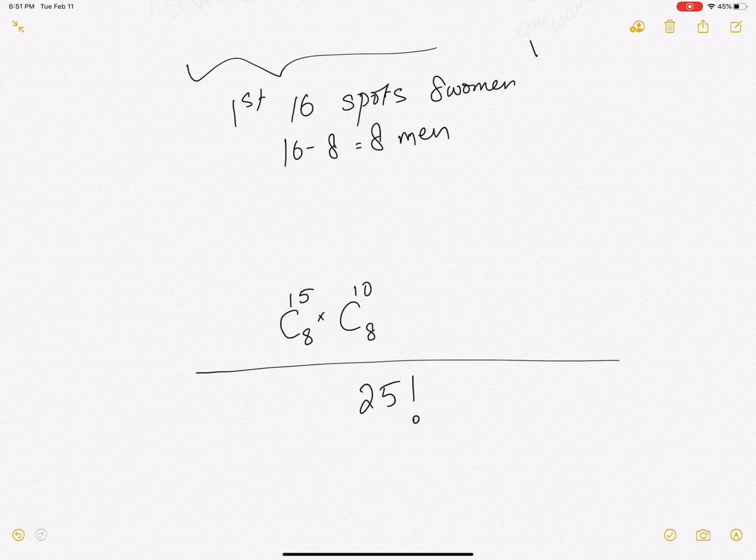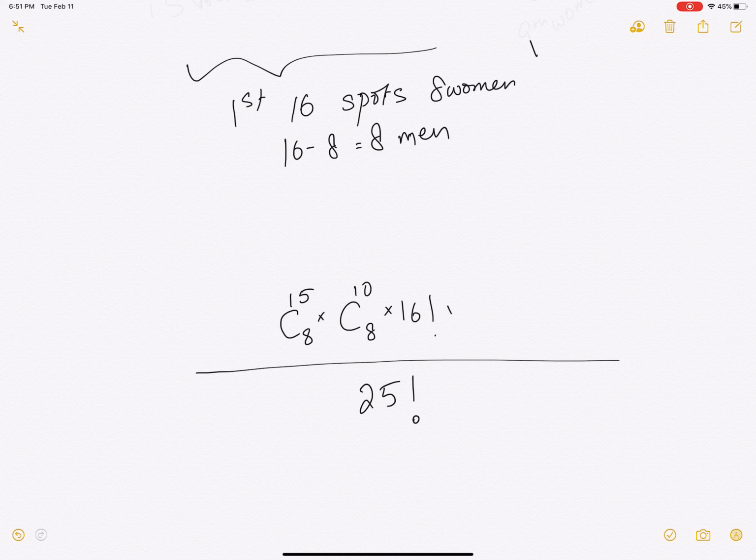Now we have these 8 men and 8 women standing around. We want to arrange them in the first 16 spots where order matters, so that will be times 16 factorial. So what have we done so far? The first 16 spots have 8 men and 8 women, and there's a particular order to them.